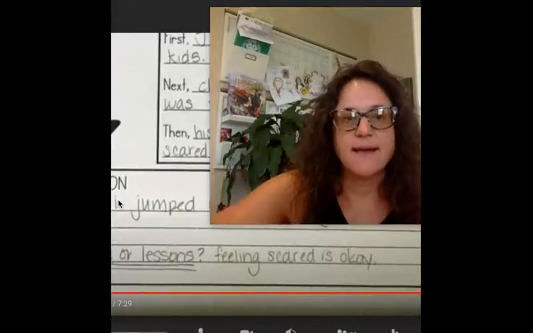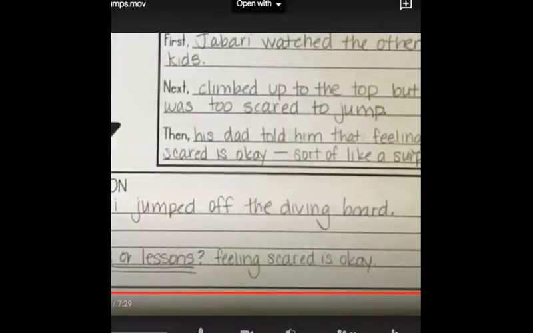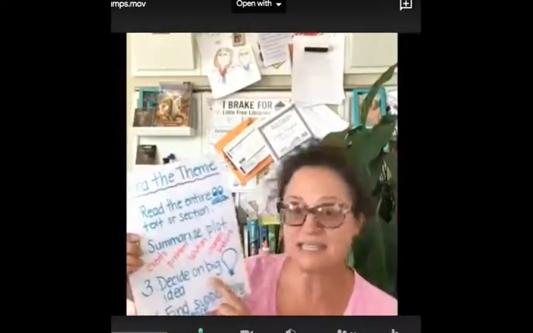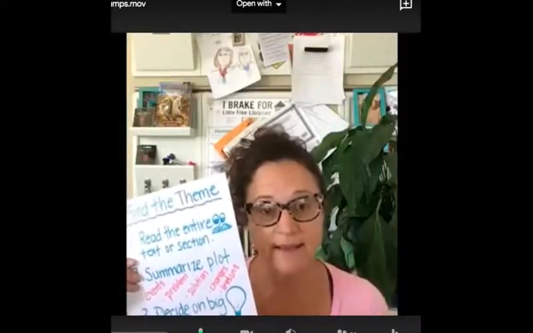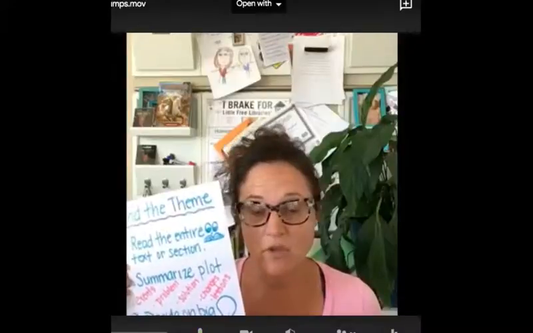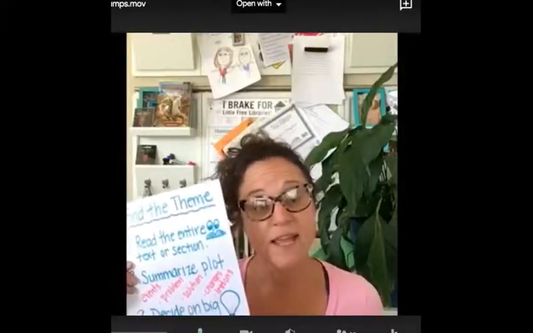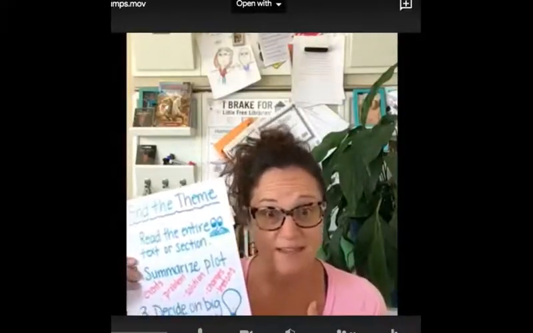Okay, let's see what else I have to say. So back to our theme steps, we need to decide on a big idea. So maybe that lesson that Jabari learned is the big idea, that it's okay to be scared and you can still do it, whatever you're feeling scared about, especially if you start thinking about those feelings like excitement or like it's going to be a big surprise.